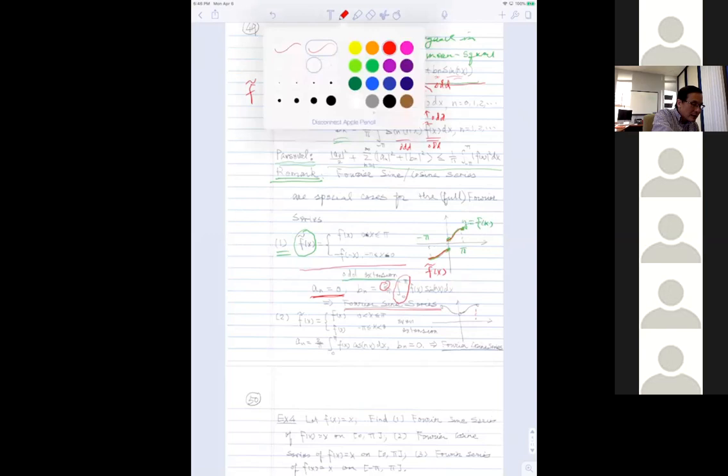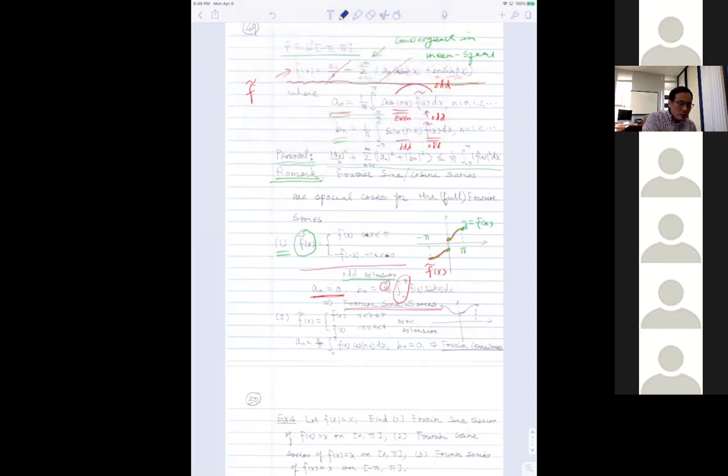Now, on the other hand, if my original function is from 0 to pi, and instead of an odd extension, I have an even extension given by this formula. Because in this case we have an even function times an even function, I would still get an even function.